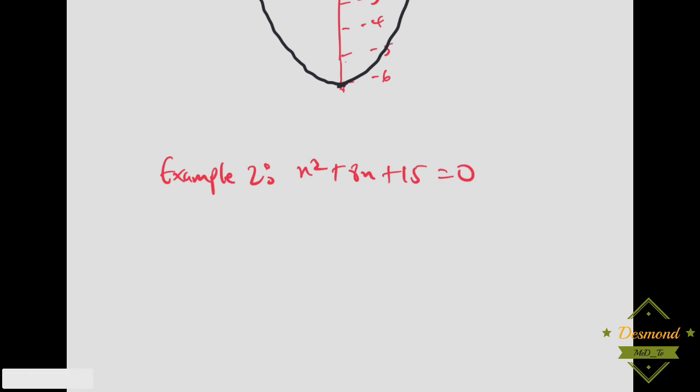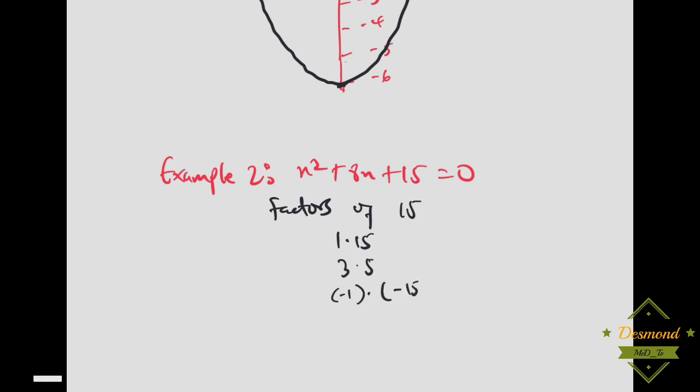So that will be 1 dot 15, 3 dot 5, negative 1 dot negative 15, negative 3 dot negative 5, right? Then the numbers that add to 8 are 3 and 5.